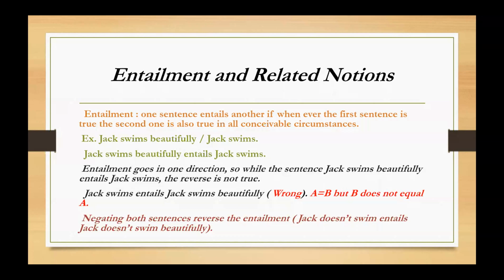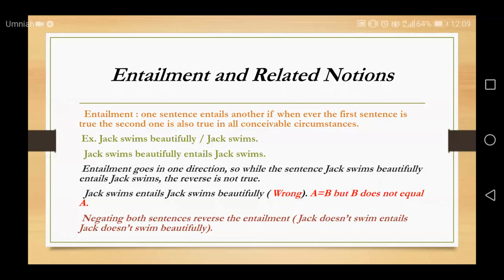So while the sentence Jack swims beautifully entails Jack swims, the reverse is not true. Exactly. So when we say Jack swims beautifully, this sentence entails that Jack swims. But the opposite is not true.